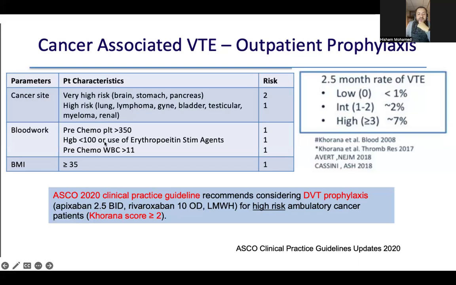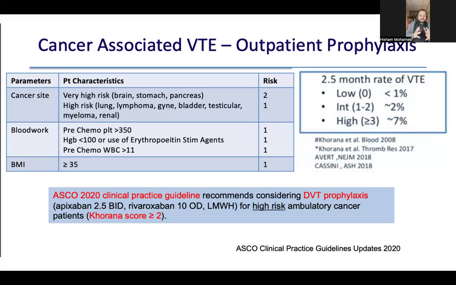And some cases with blood work, when you go for blood work in some patients, you'll find maybe platelets high or hemoglobin low, or use of erythropoietin stimulating agents, or WBC is very high, or BMI very high.